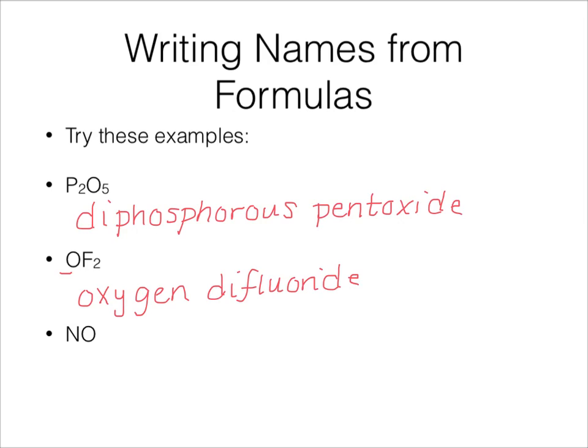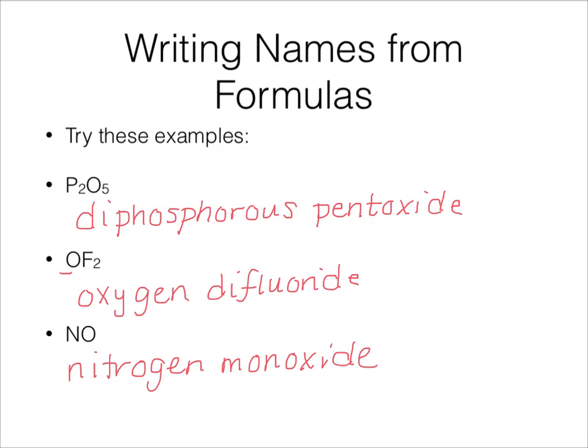And that's actually going to show up in this next example, which is NO. There's 1 atom of nitrogen and 1 atom of oxygen. So this is going to be nitrogen monoxide. Keeping in mind that I don't use the mono on the first element if there's only 1 of the first element.